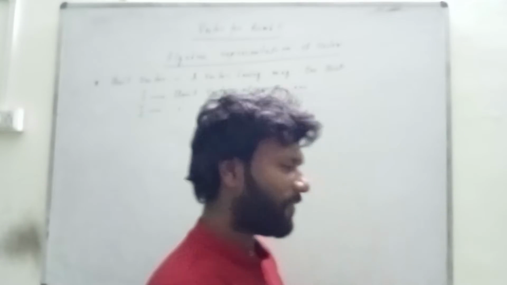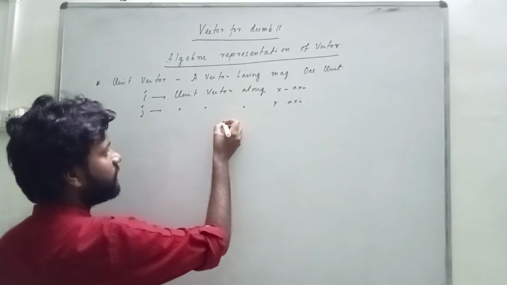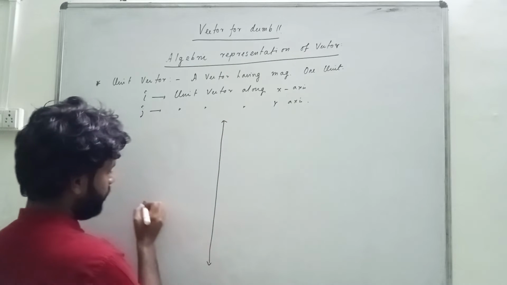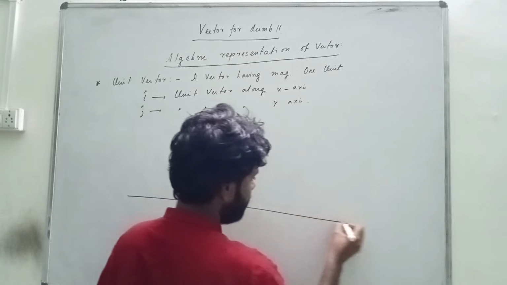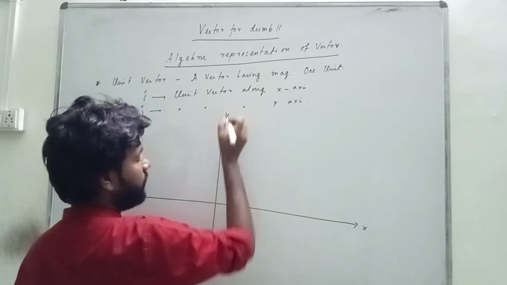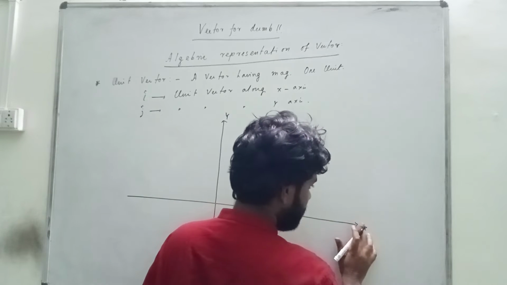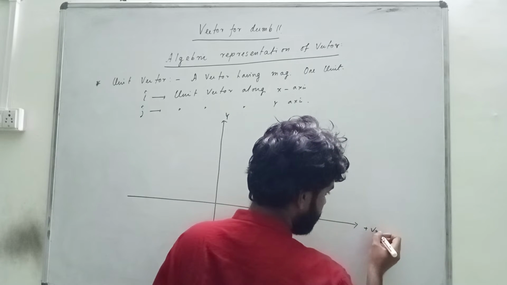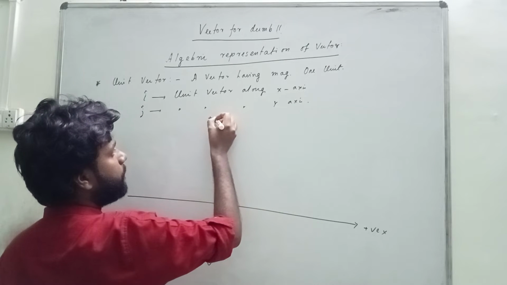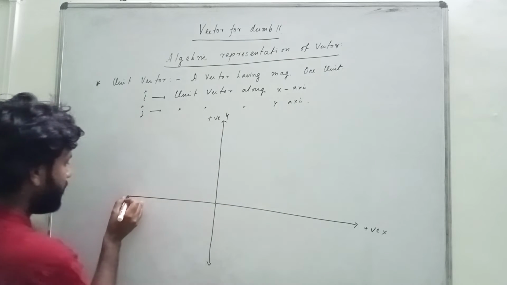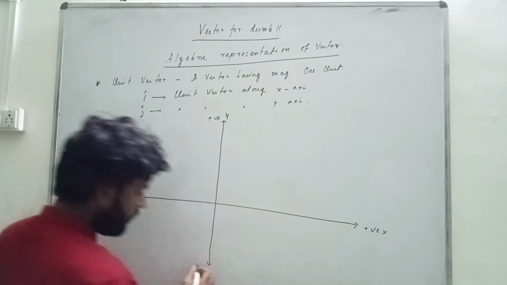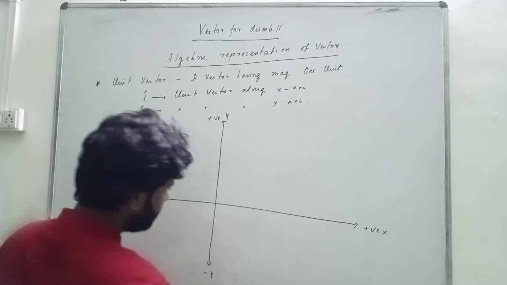Please draw a coordinate system here. All of you know how to draw a coordinate system. It is your x, it is your y. So it is positive x, positive y, negative x, negative y, right?